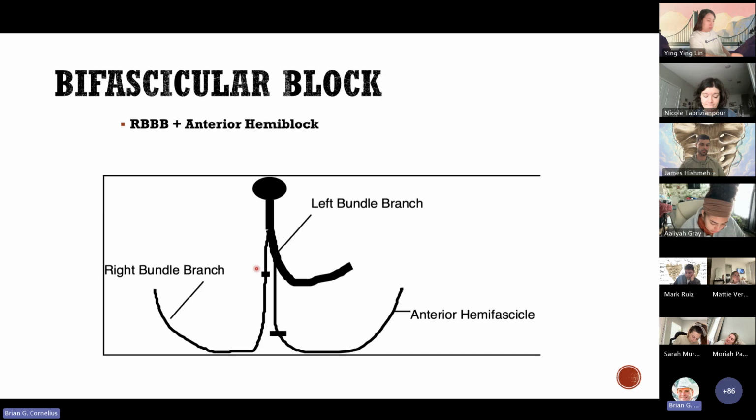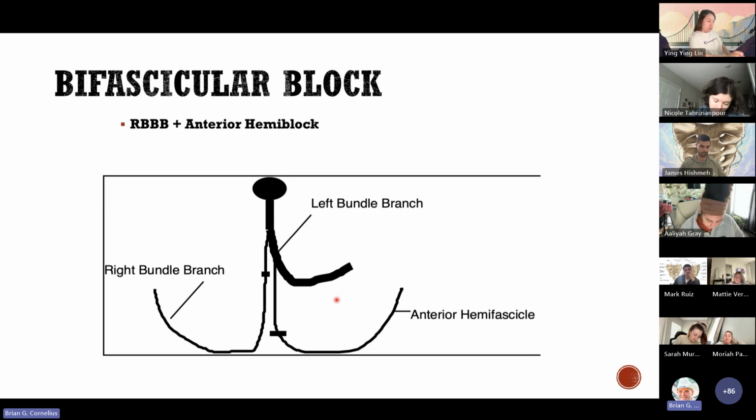So in this patient I'm looking at right here, what I see is that I have a blockade of the right bundle branch, and I also have a blockade of the anterior portion of the left bundle branch. Does that make sense to everybody? So remember, your left has two portions, the right only has one portion. So you have the posterior and the anterior.